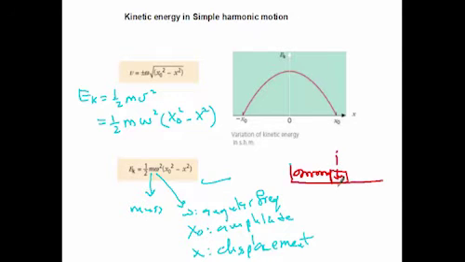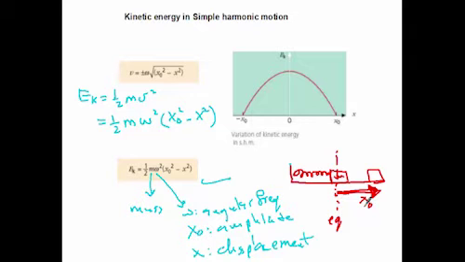If this is the equilibrium position, so when it is displaced at a distance of x naught here, this is the maximum displacement, x naught, which is a vector quantity away from the equilibrium position.